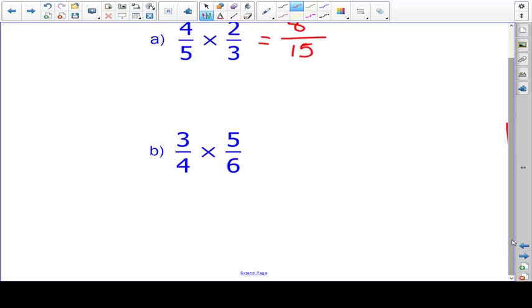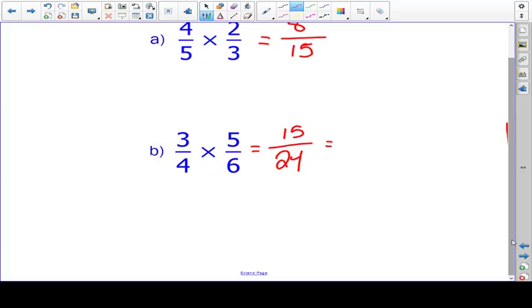Let's do this last one. 3/4 times 5/6. 3 times 5 on top, that's 15. 4 times 6 on the bottom, that's 24. Now, we can simplify that. There is a number that goes into 15 and 24. What's that number?